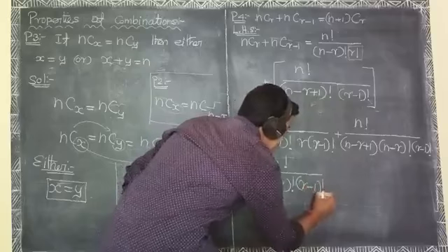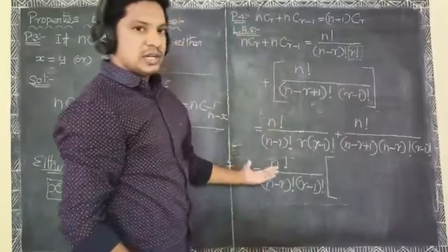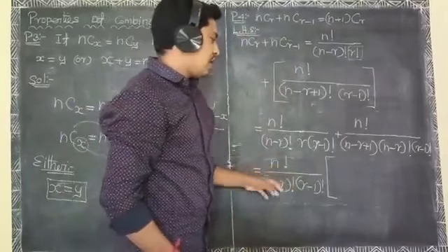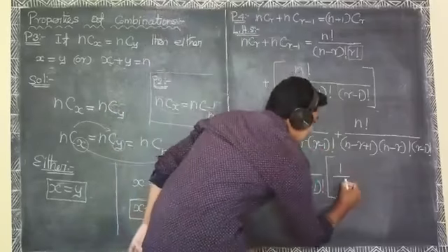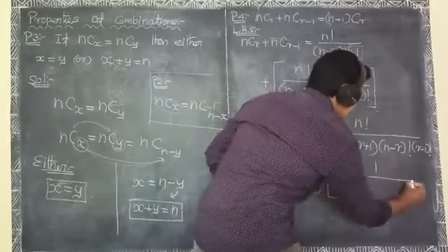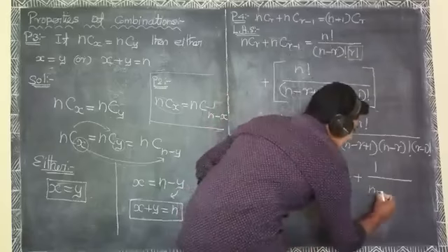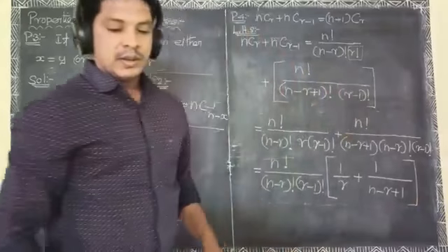Here in the first term only 1 divided by r remains, plus in the second term 1 divided by (n minus r plus 1).